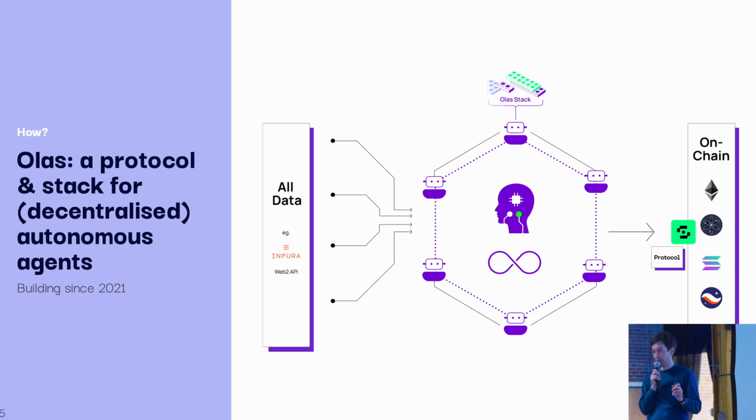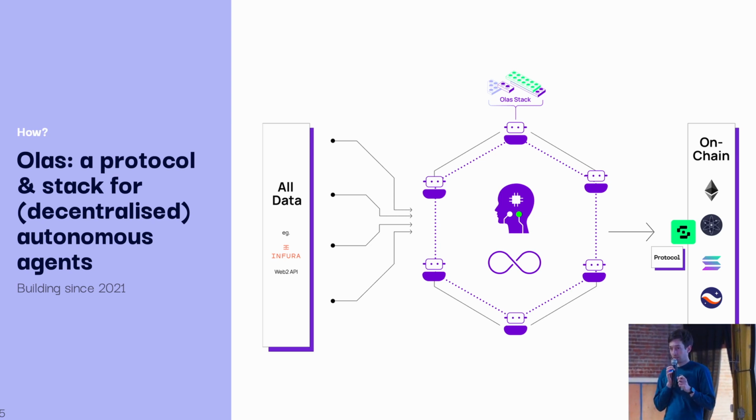We offer two things on a technical level: the stack and the protocol. So the protocol lives on-chain. The stack is a software stack, think of it as the OP stack, but for autonomous agents, that allows you to compose these autonomous software entities. Now the key thing about the stack is that it innovates in two dimensions. On the one hand, it allows a developer to compose autonomous agents from Lego bricks, so to speak.